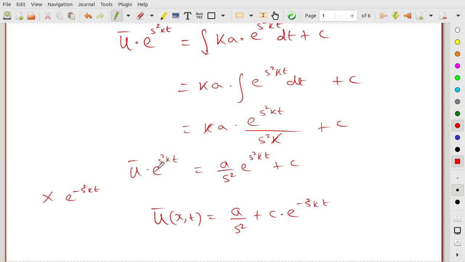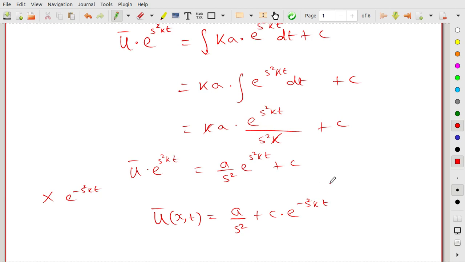Therefore we have e power 0, which is 1, so we are left with u bar alone. And here also this term becomes 1 if we multiply by e power minus s square kt, and since we don't have an e power s square kt here, this becomes c into e power minus s square kt.